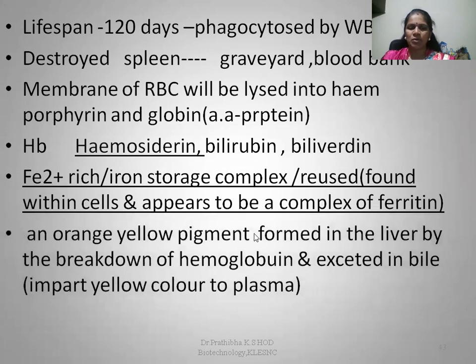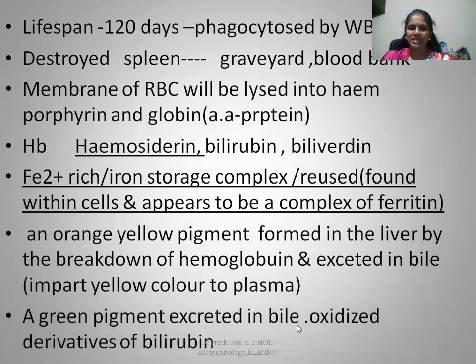Bilirubin is an orange yellow pigment formed in the liver by the breakdown of hemoglobin and excreted in the bile that imparts yellow color to plasma. Biliverdin is a green pigment excreted in bile, an oxidized derivative of bilirubin.